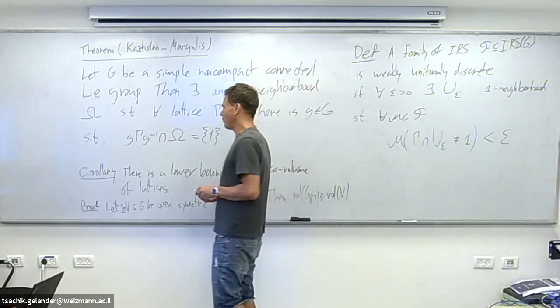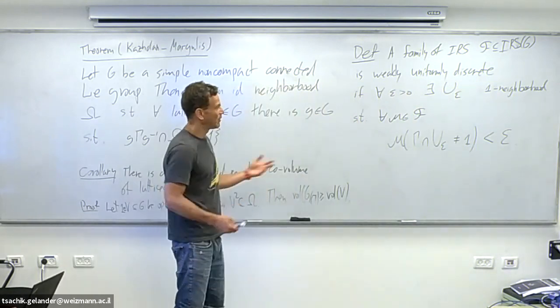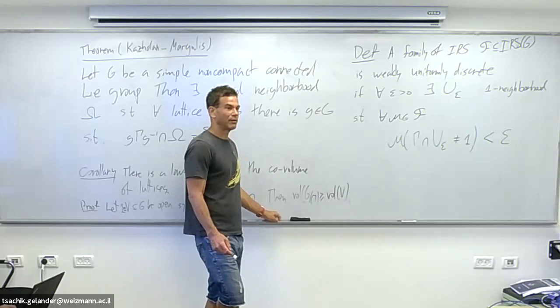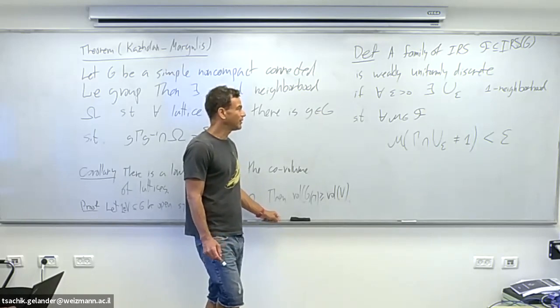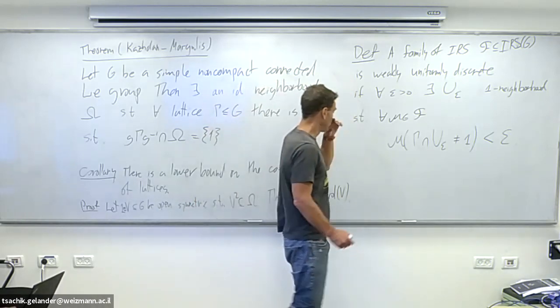So the probability that you see in a random group an element near the identity, in U epsilon, is smaller than epsilon. And it's called weakly uniformly discrete.